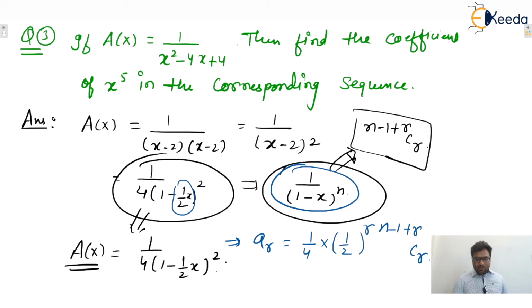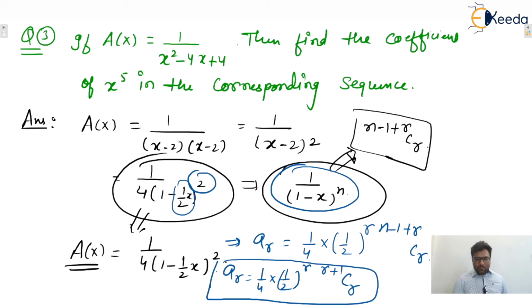And what is the value of n here? The n value is 2. So put n equals 2, then a r becomes 1 by 4 into 1 by 2 raised to power r, then (2 minus 1 plus r), that is (r plus 1) C r. That will be the required sequence, or not?